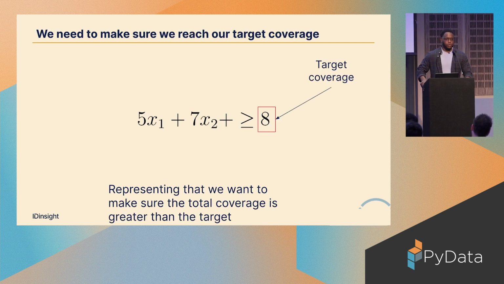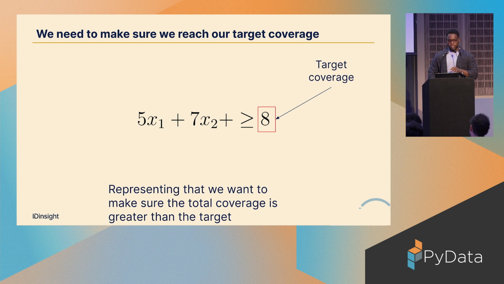So our first equation that we need to solve is to make sure that 5x1, which is the number of women we can cover if we implement the open days, plus 7x2, which is the number of women we can cover using the mobile strategies, is greater than our target coverage here, which is 8.